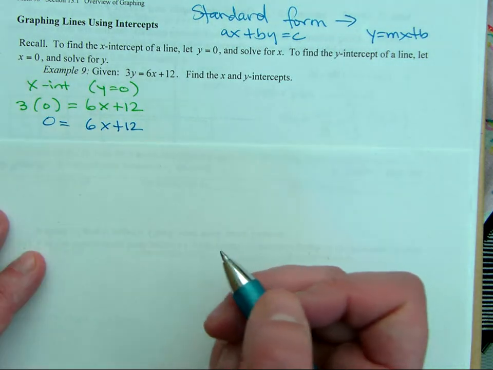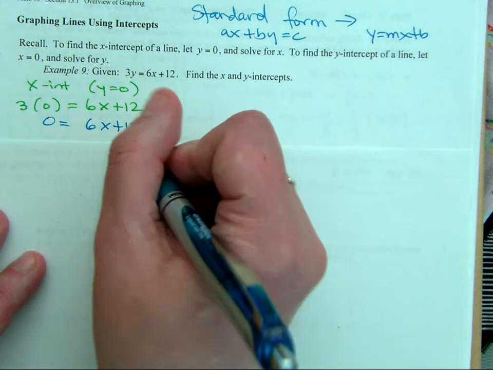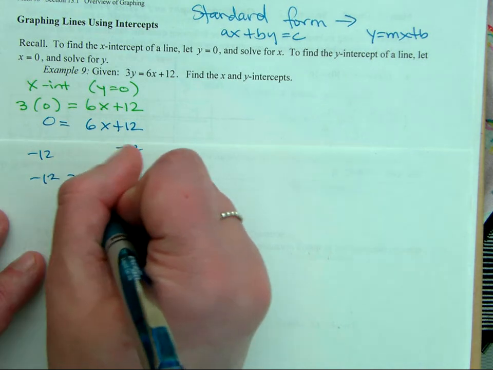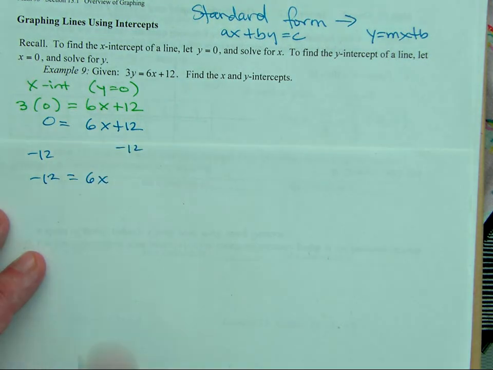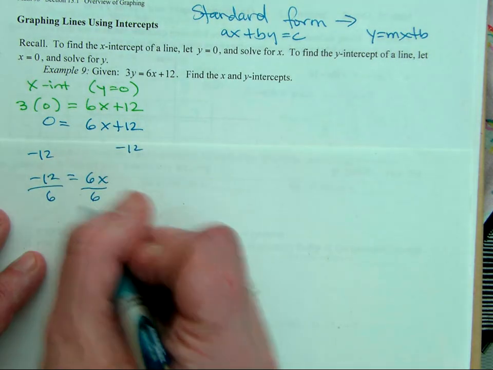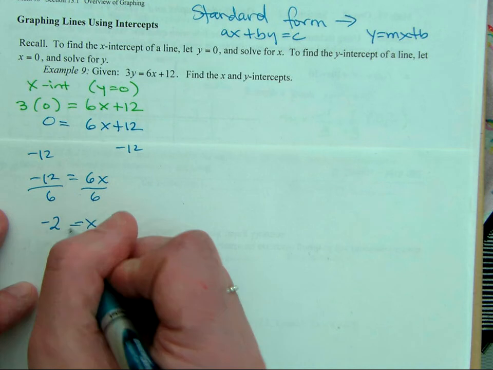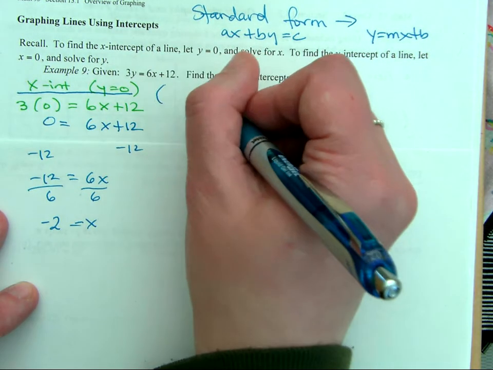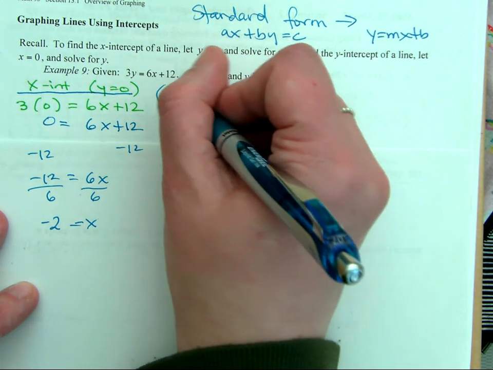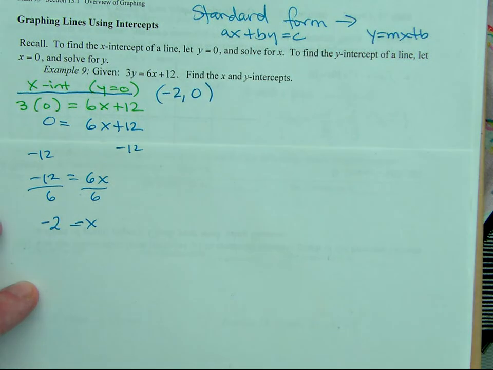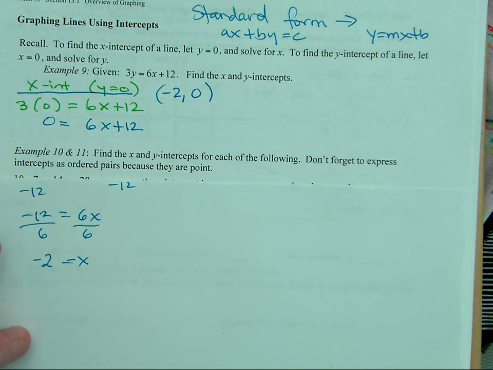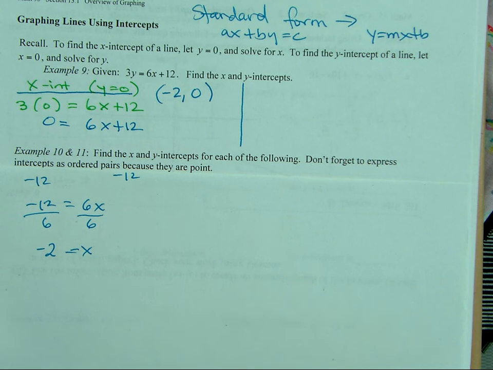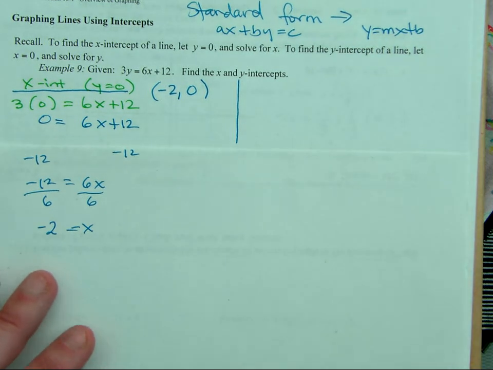And then what should I do to get x by itself? I could subtract 12 from both sides, so I get negative 12 equals 6x. What should I do to solve for x? And I get x equals negative 2. So my x-intercept is going to be, what's the ordered pair? Negative 2, 0.